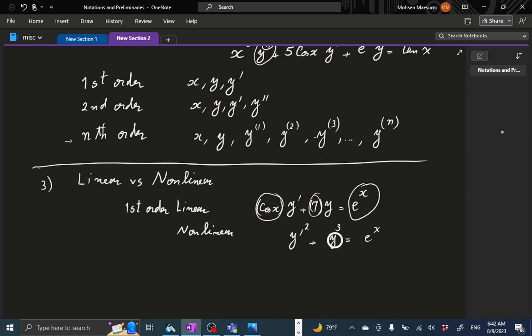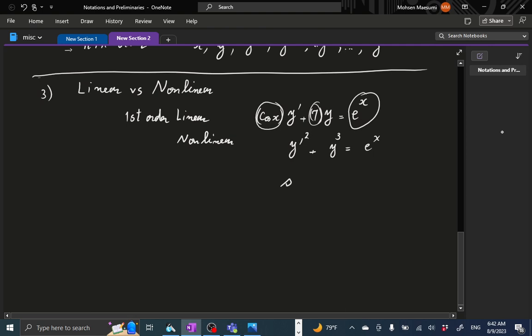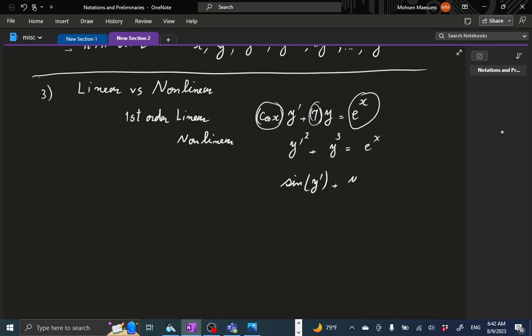Any power taking here, like, let's write some other example. Suppose you write sine of y prime plus y is equal to 5. So y prime is not showing up as itself, rather you are taking the sine of it. If you do anything to your function or its derivative other than multiplying by just a known function or a number, you are making it nonlinear.